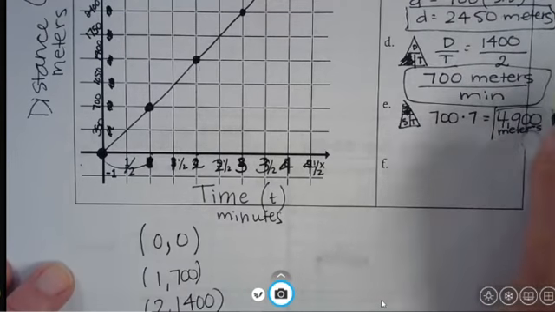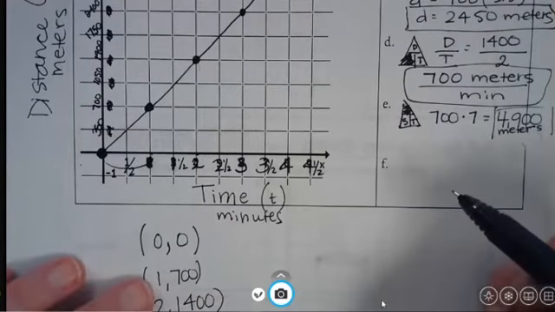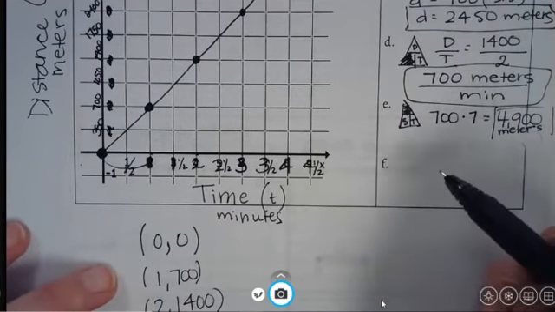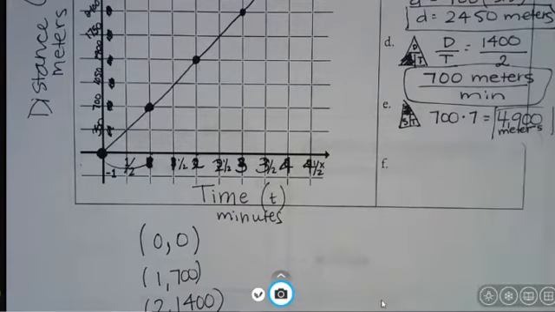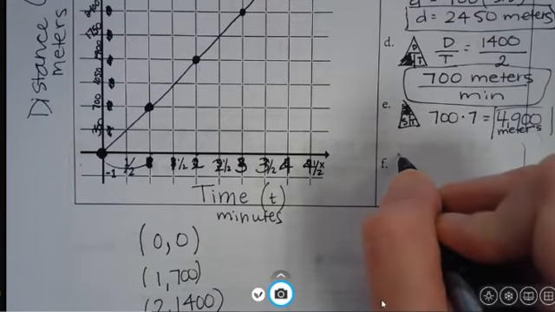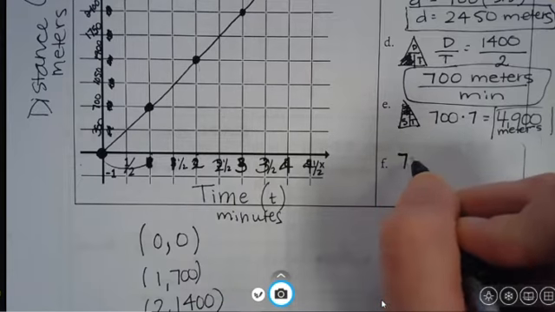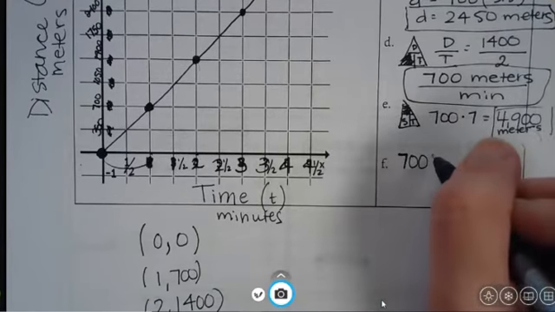And then finally F says, if the cyclist needs to cycle for at least 2 1/10 kilometers, how many minutes will he need to cycle? And so you're going to express your answer in the form of an inequality. So I have 700, which is my speed, times t, so I have my formula.